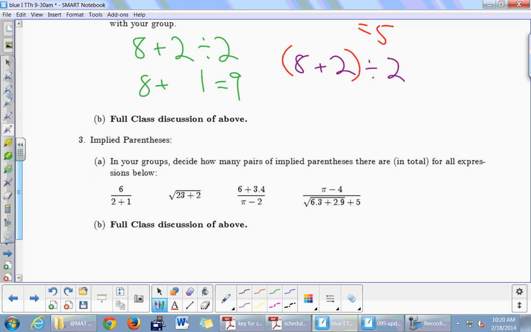So for example, in part A, what do you need to put parentheses around? The 2 plus 1. And you could put them around the 6, but they aren't necessary because the 6 is just a solitary number. So that's one pair of implied parentheses. With your neighbors, can you put in and then count the implied parentheses for the rest of part A?